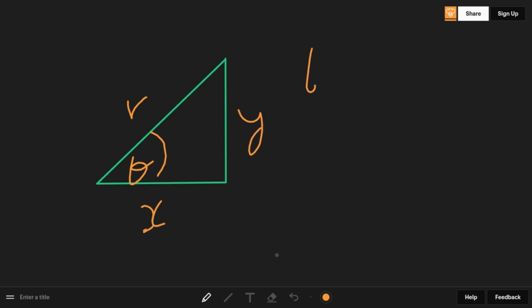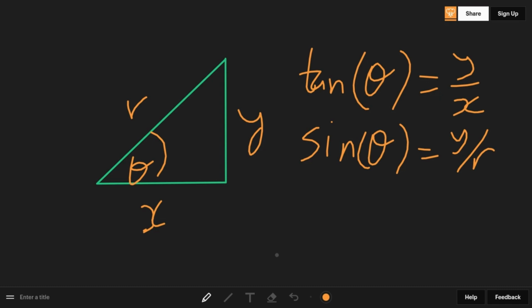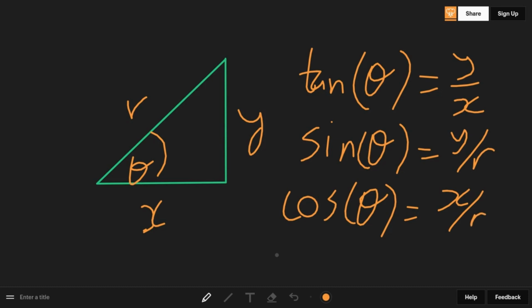Tangent of that would give me y over x. Sine of that would give me y over r. And then cosine of that would give me x over r.